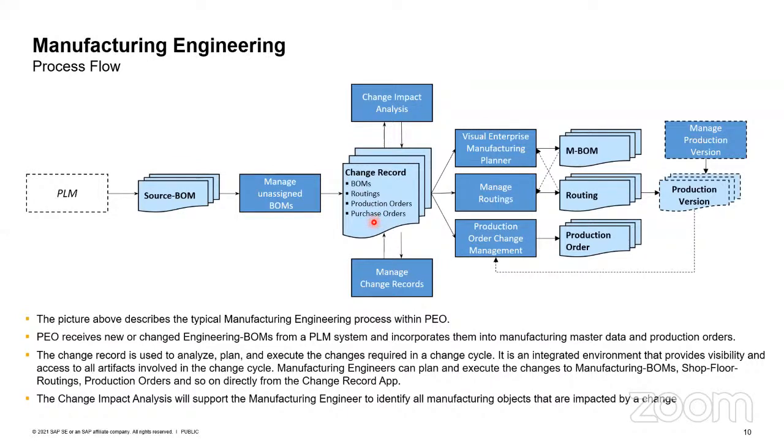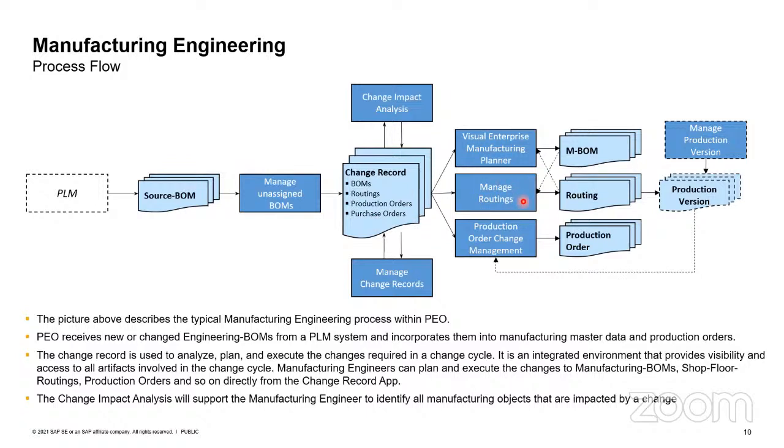If you want to change anything in the BOM or the routing, then you need to create a new version with reference to the change record, which greatly helps us to track the changes and analyze the impact due to the changes. And in routing, we have many different functionalities, as we saw in the first slide.